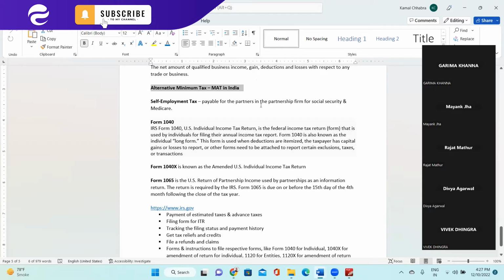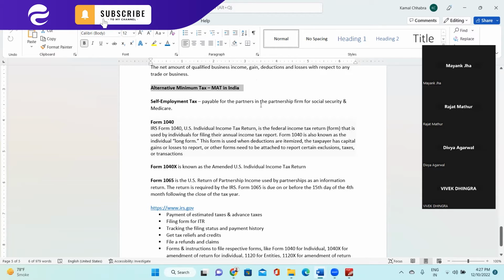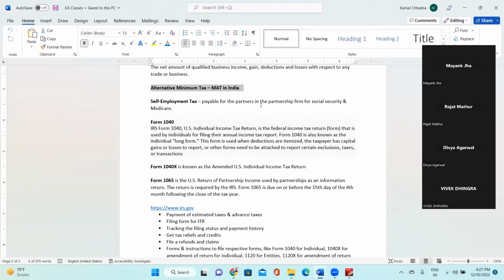Right? Alternative minimum tax. Last class we touched base on how companies or individuals need to pay at least a minimum tax on certain income to the federal government. We'll be discussing this topic in detail, but at a high level, the gist of the topic is that the minimum tax an individual has to pay to the federal government is called alternative minimum tax.